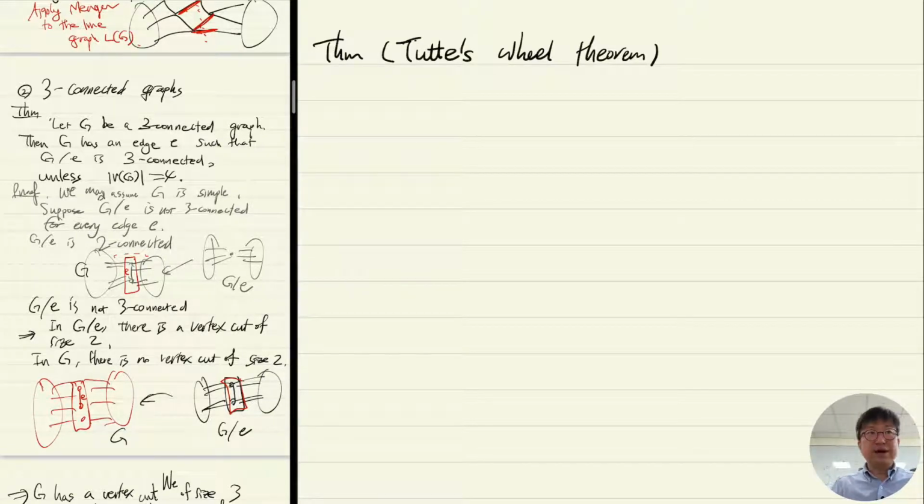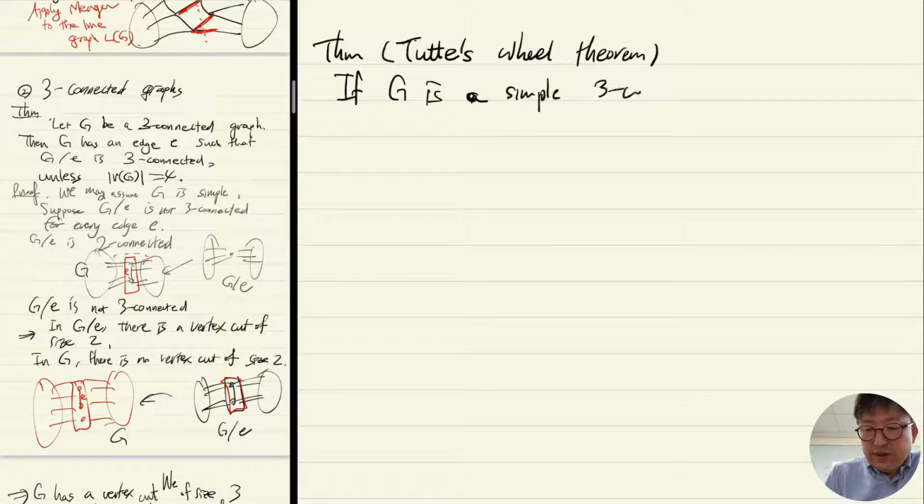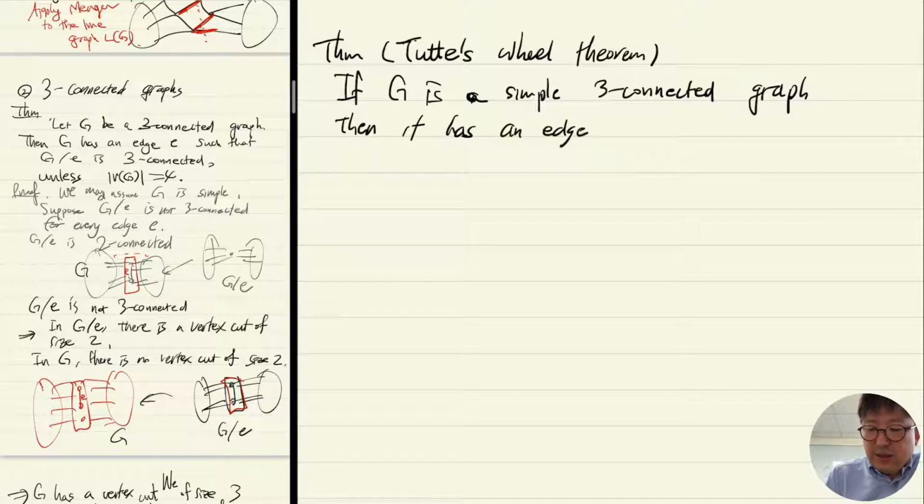Which states as follows: if G is a simple three-connected graph, then it has an edge E such that G delete E or G contract E is simple three-connected.